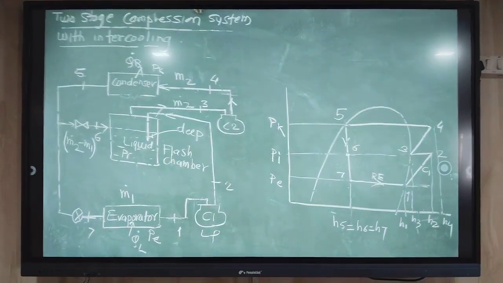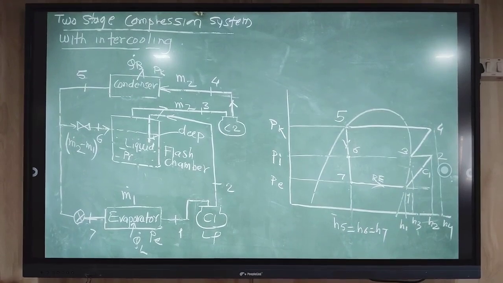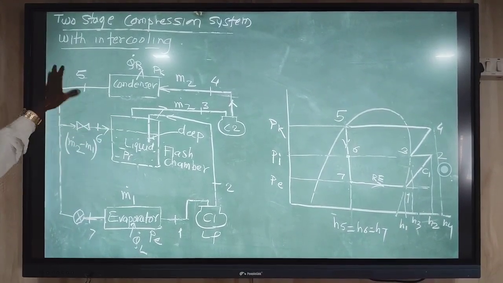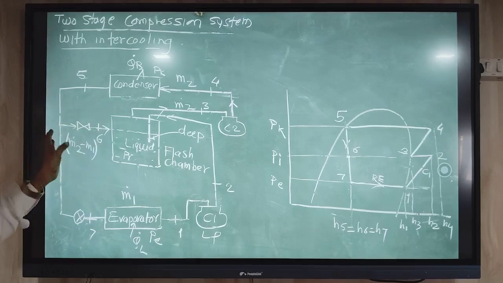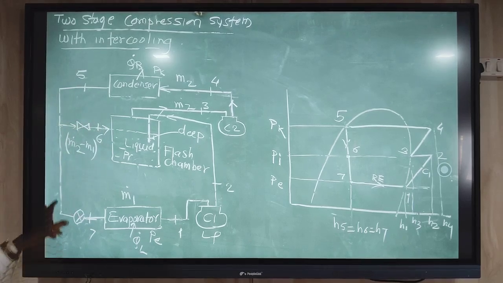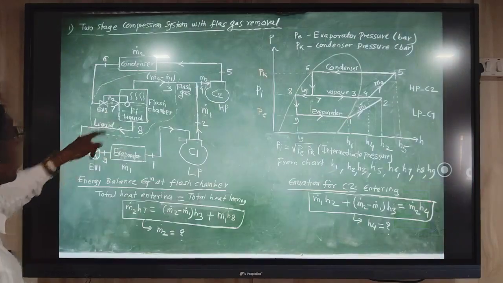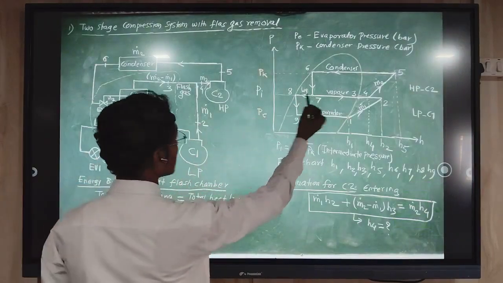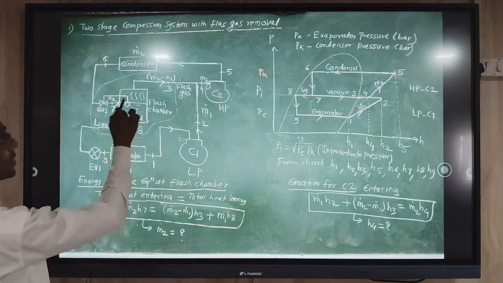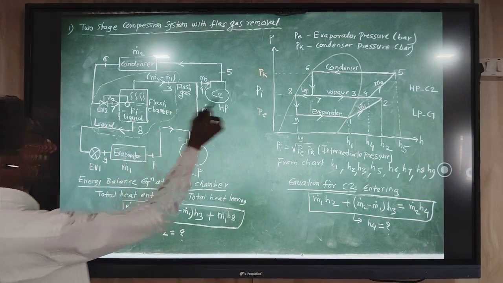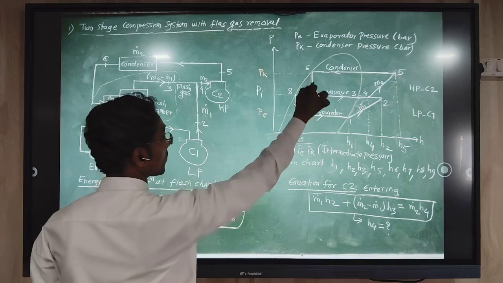That is the analysis. Before that, we will see how this intercooling system is different from the earlier system, that is flash gas removal. In the flash gas removal method, point 7 is at the flash tank, on the 6, 7 line.